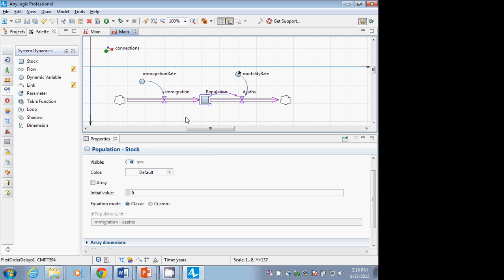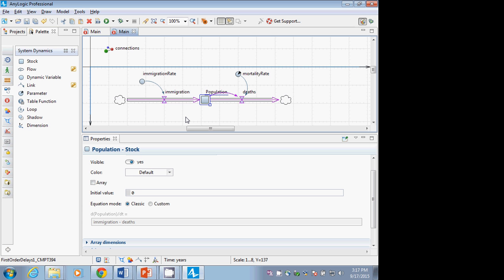And as population rises, what will be going up? The rate of deaths. Rate of immigration, as we've shown it here, is just going to be a fixed thing so far. It's not going to depend on population. You can see there's no link from population to immigration rate. So population will be rising until the point where what equals what? Death equals immigration, in which case it will be flat.